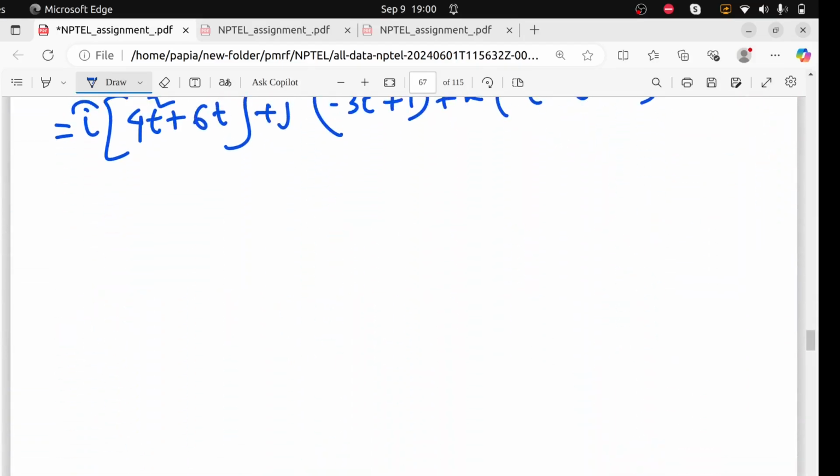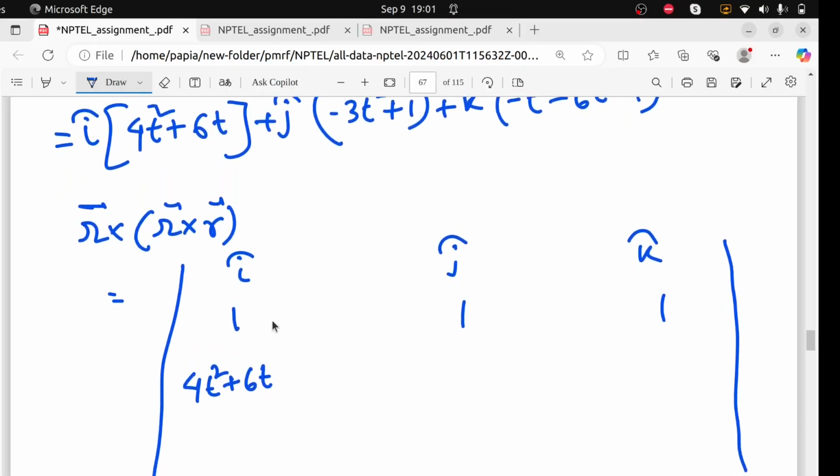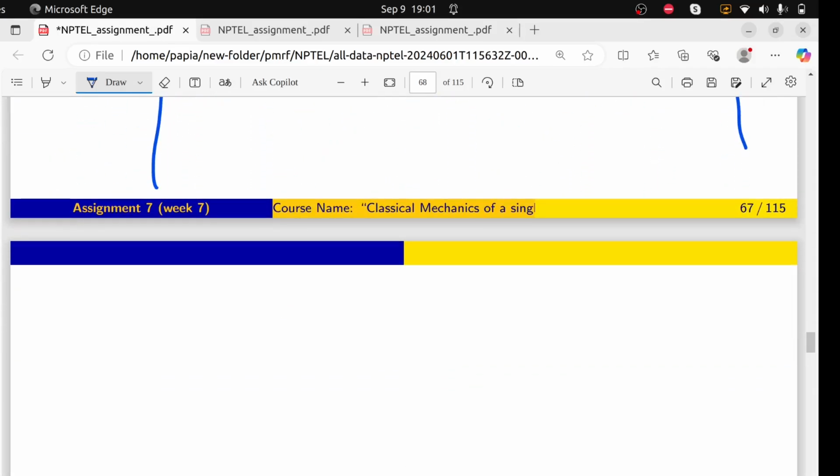So that means, for this, i cap, j cap, k cap, 1, 1, 1, 4t square plus 6t, minus 3t square plus 1, minus t square minus 6t minus 1. So now let me calculate.